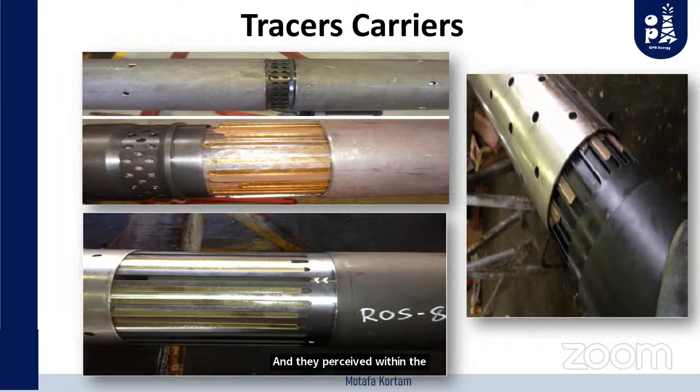It doesn't get exposed, so it will not be damaged. It's just covered, but the flow of the fluids will move through these openings, and then within the inner diameter and the pores of the sub, it will flow and pass through the tracer.